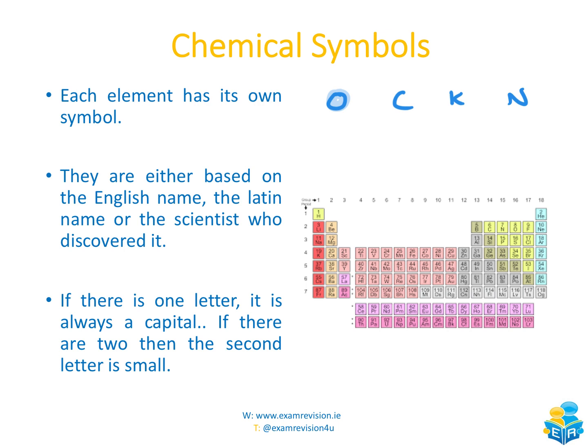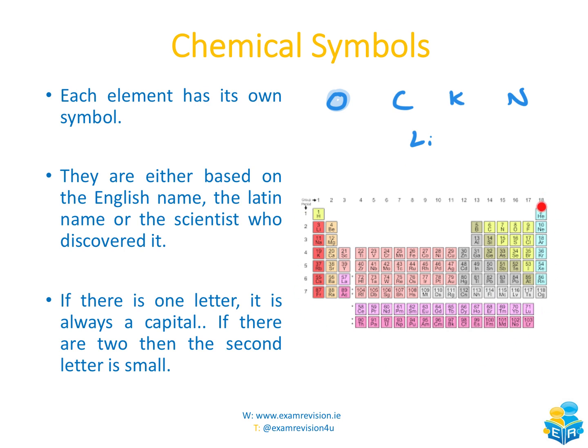Their names are either based on the English name, the Latin name, or possibly the scientist who discovered it or where it was discovered. Okay, if there is one letter, it's always a capital. If there are 2 letters, the second one is always a small letter. An example of that would be lithium, which is capital L, small i. Okay, so that's just correct notation for our chemical symbols.